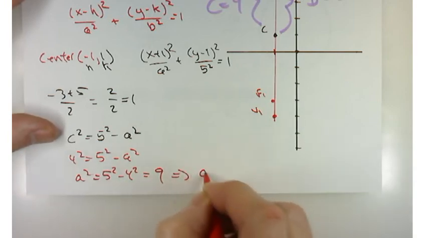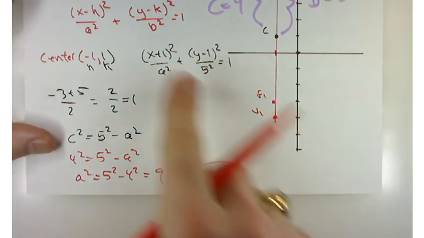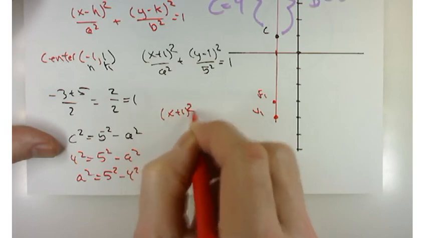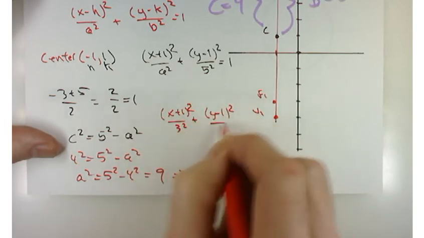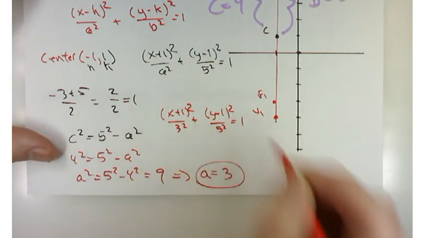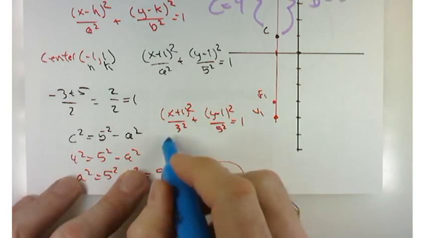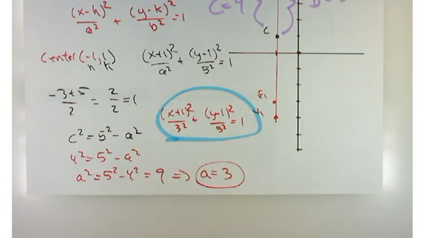What does a equal? 3. Let's put that in for our final equation: (x plus 1) squared over 3 squared plus (y minus 1) squared over 5 squared equals 1. Whew! Yay!